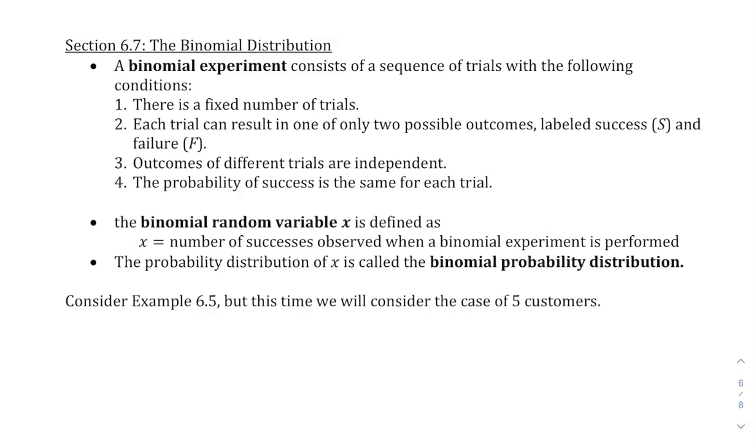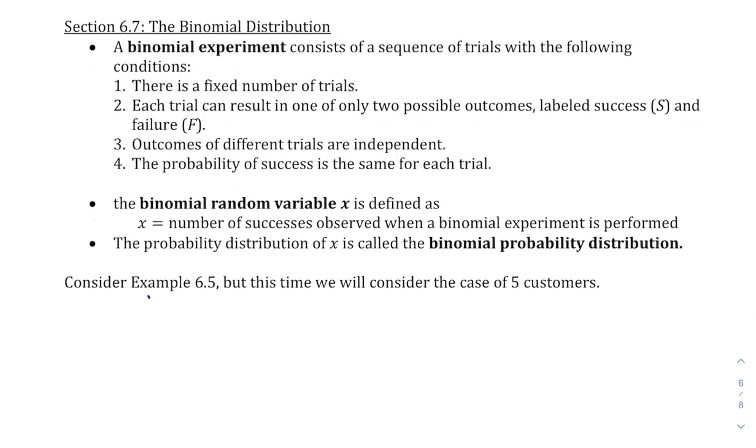If we have 5 customers, and this is actually going to be 32 different outcomes, and so absolutely not are we going to write all of this out. So here we need to determine what our success would be and what our failure would be.